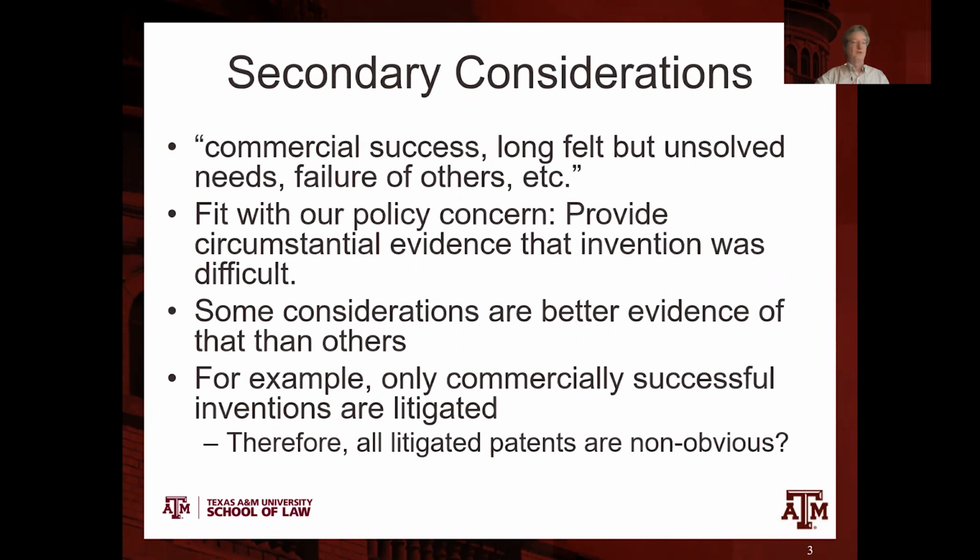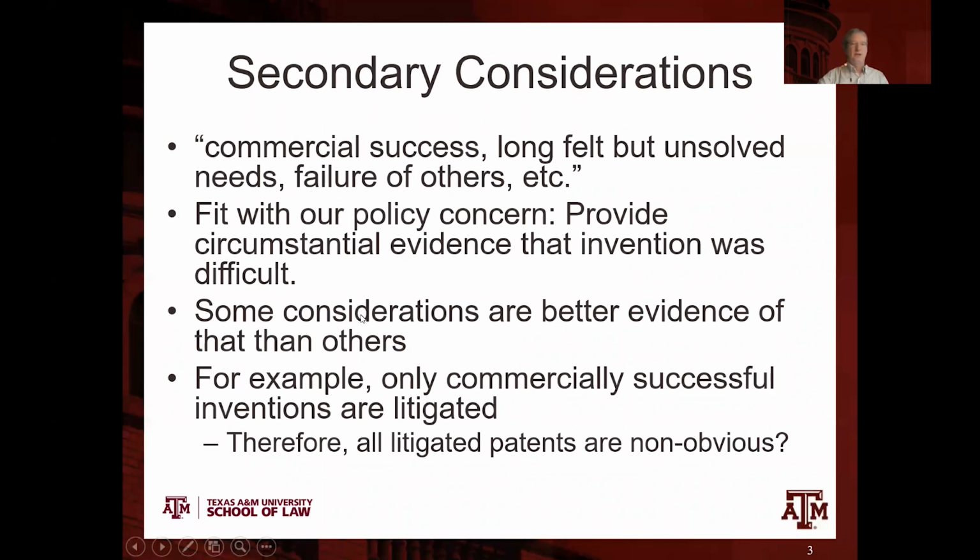And so in Graham versus John Deere, the court listed 3 of those and a little et cetera at the end: commercial success, long felt but unsolved needs, and failures of others. Now, our fit here with our policy concern of only giving patents to those inventions that need the additional inducement the patent provides is that these can provide circumstantial evidence or direct evidence that the invention was not an easy or trivial invention, but was in fact difficult or hard and therefore needs that additional inducement.